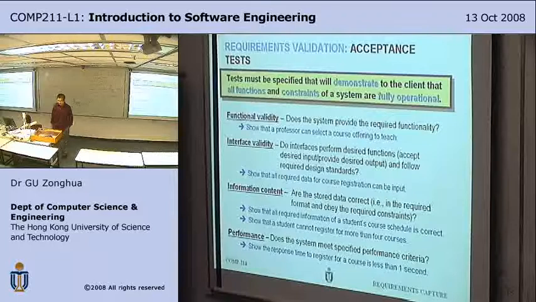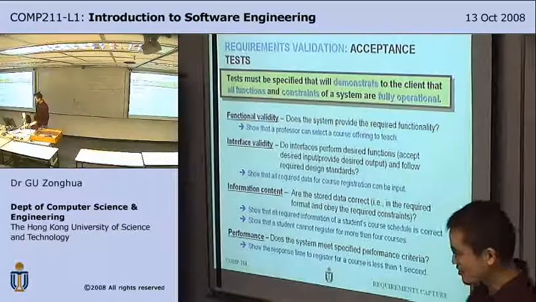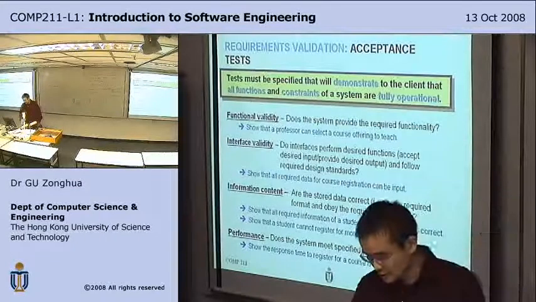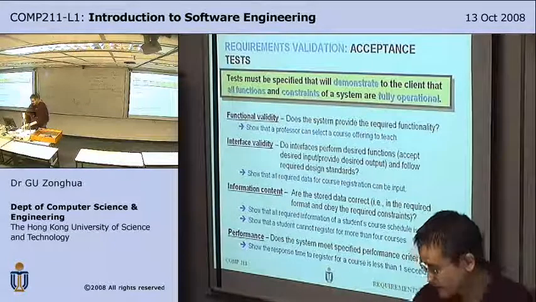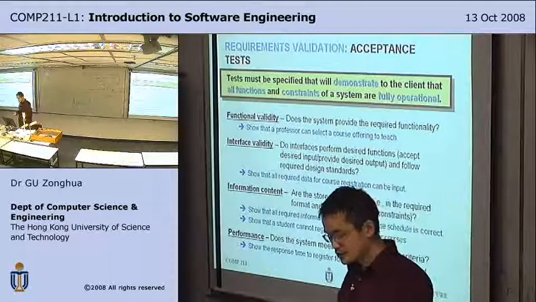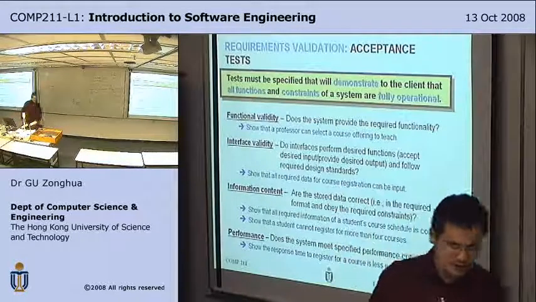But it's harder for real systems where it must handle thousands of users simultaneously. That's when you use so-called stress testing to test the system under a very heavy load.